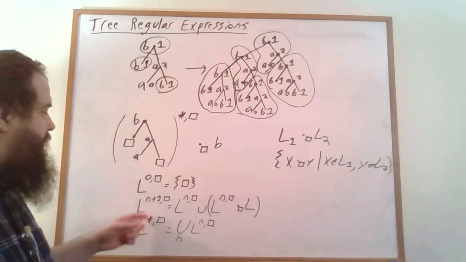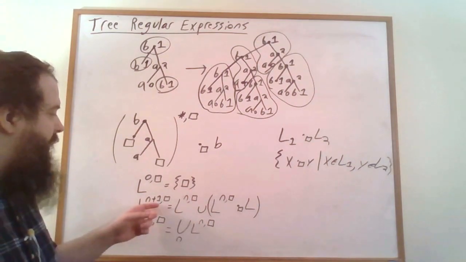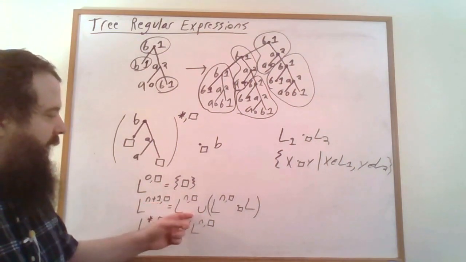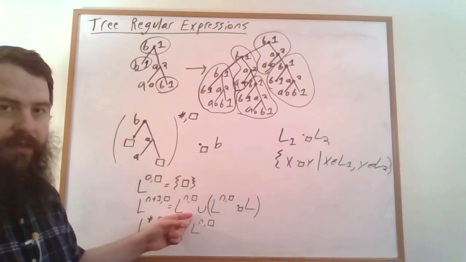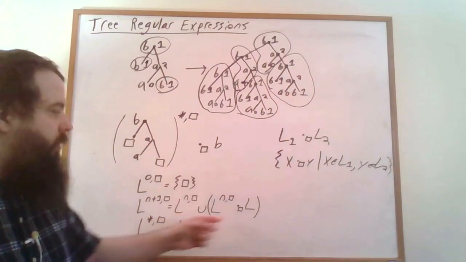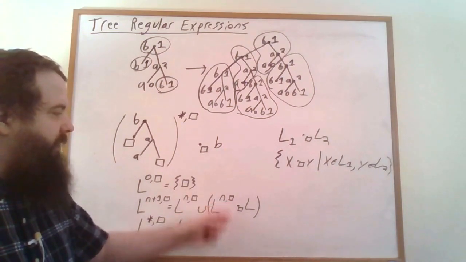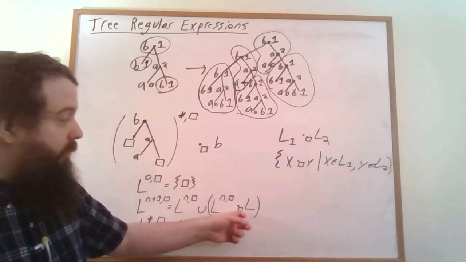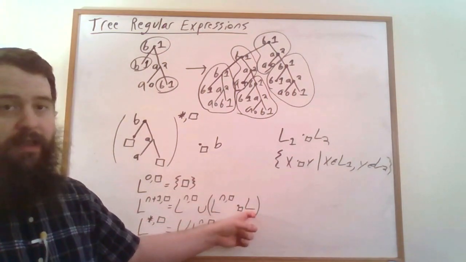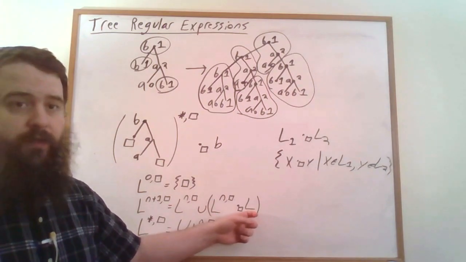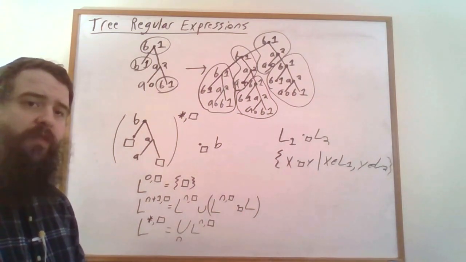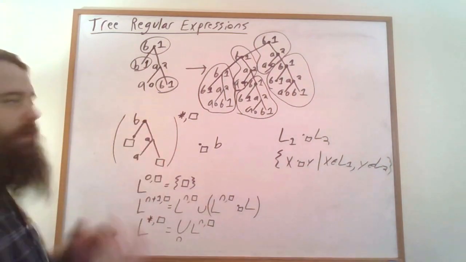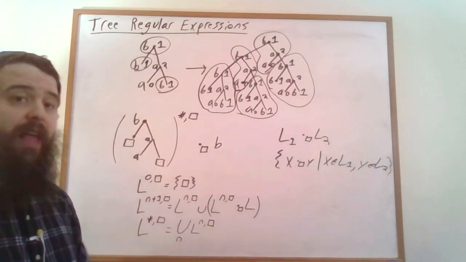And if we want to concatenate a language with itself less than or equal to n plus 1 times, well, we can either concatenate it with itself less than or equal to n times, or we can concatenate one of these depth n concatenations further with another instance of a member of the language. And just like in the case of regular languages, if we have a single tree word, we're going to treat that as a singleton language.